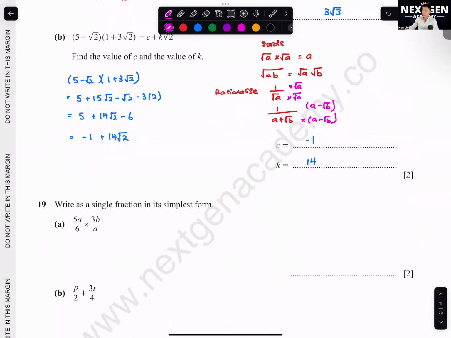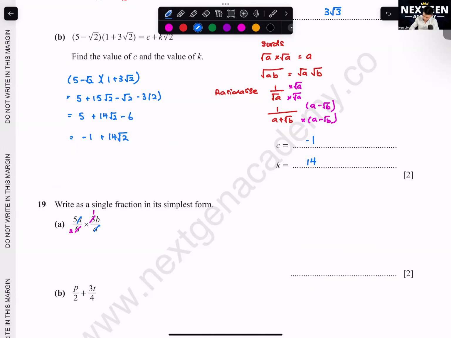Okay, question 19. Write as a single fraction in its simplest form. We simplify it first. a and a, then we've got 6 and 3, 1 and 2.